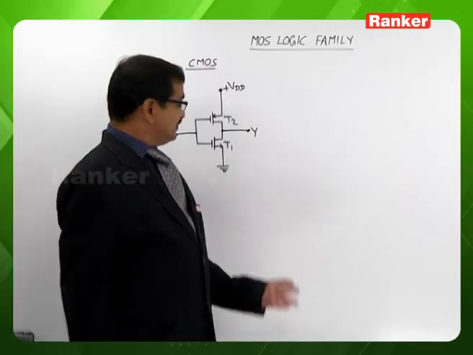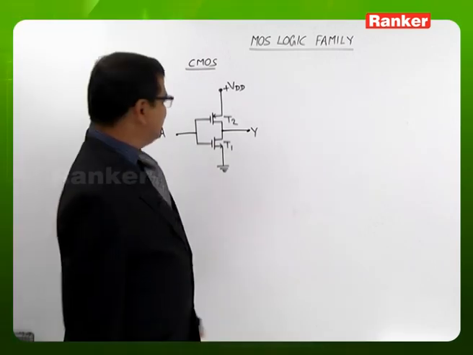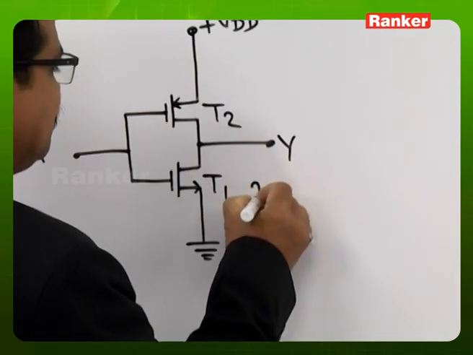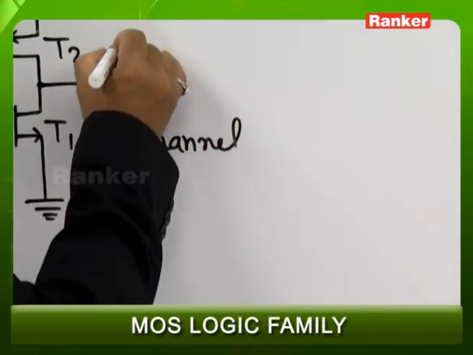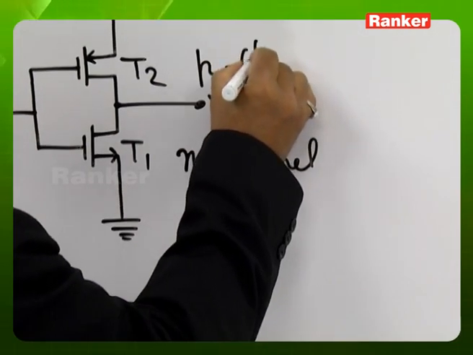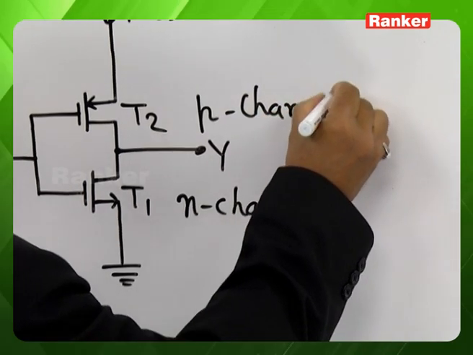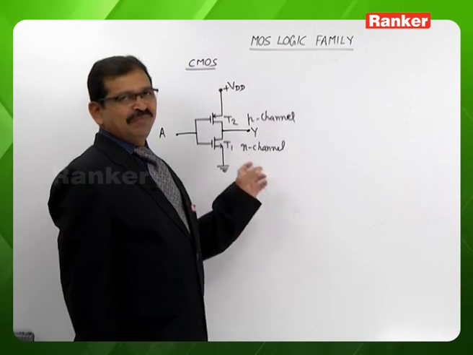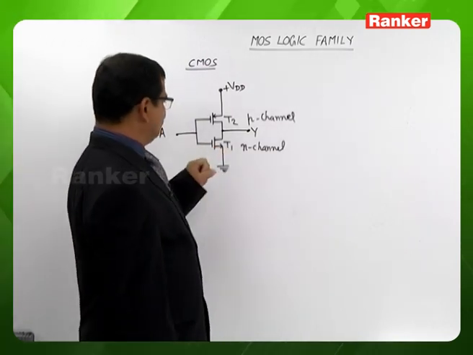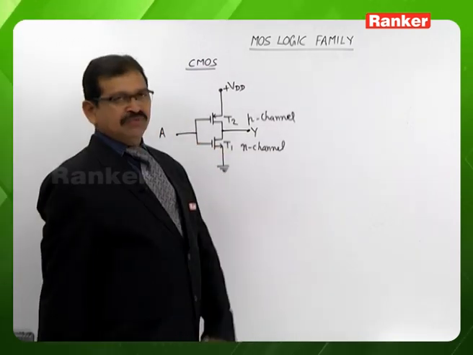Here in this circuit we are looking, the transistor T1 is N-channel MOSFET. Transistor T2 is P-channel MOSFET. We are having the usage of N-channel and P-channel MOSFET combination here. Let us look to the operation of this circuit.